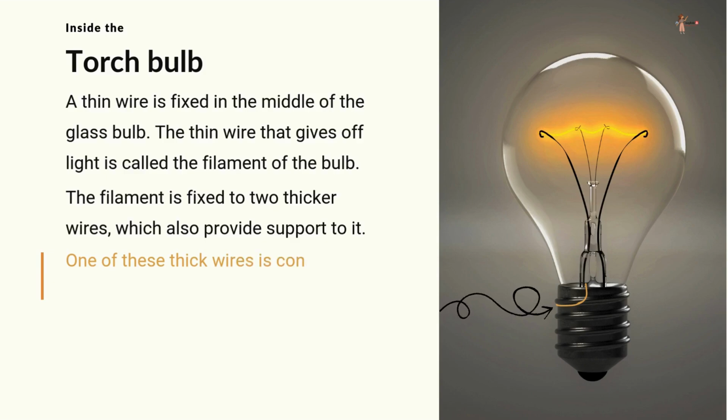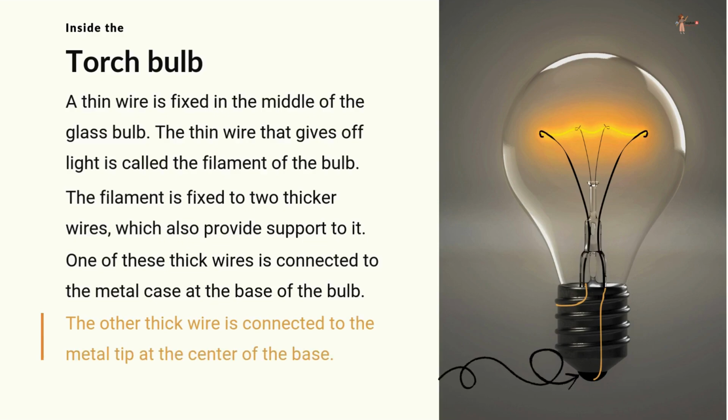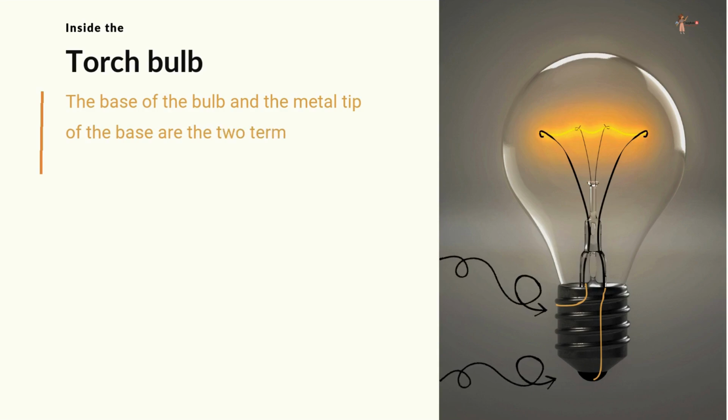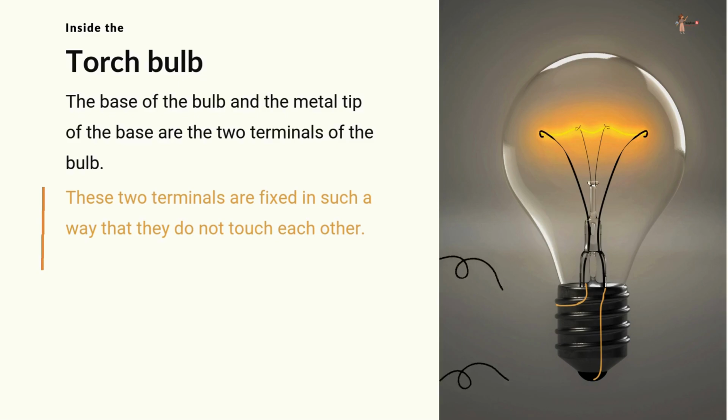One of these thick wires is connected to the metal case at the base of the bulb, as shown here. The other thick wire is connected to the metal tip at the center of the base. The base of the bulb and the metal tip of the base are the two terminals of the bulb. These two terminals are fixed in such a way that they do not touch each other.